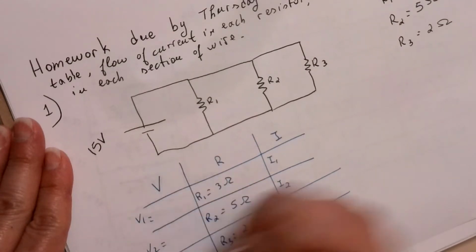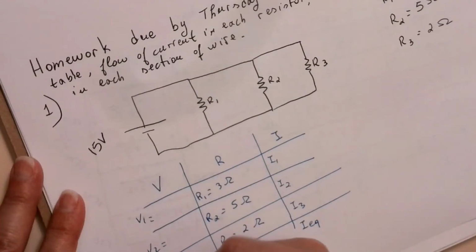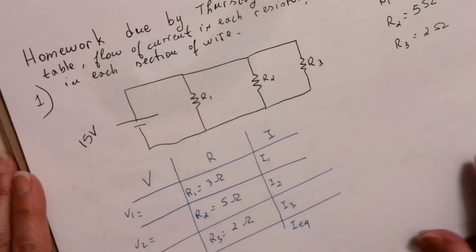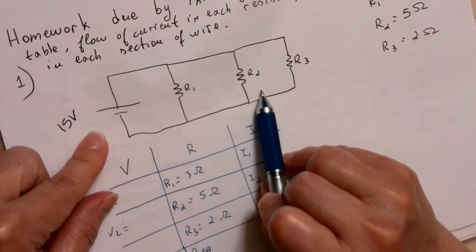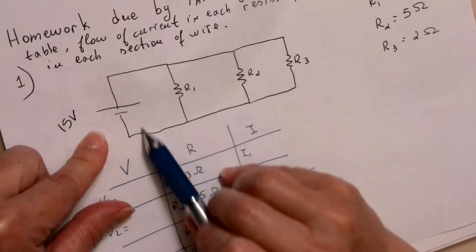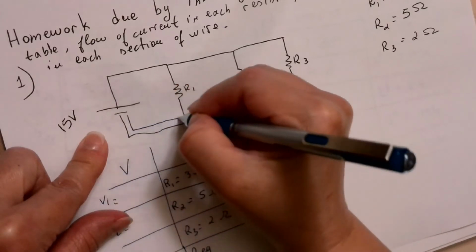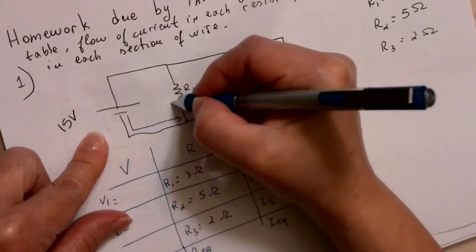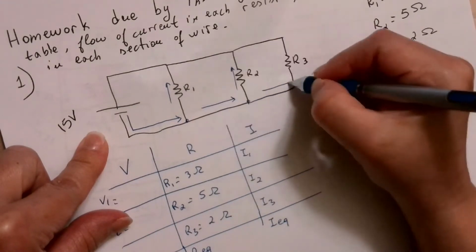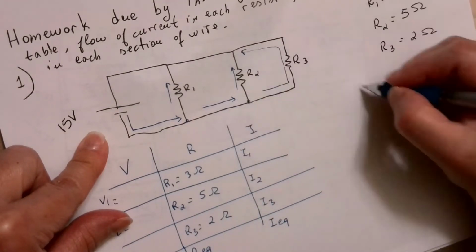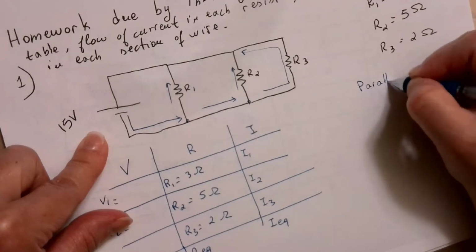Let's see how we can apply this. V equivalent is 15 volts. First you got to say, is this parallel or series? The current comes here and starts branching. Some goes here, some goes here. So this is a parallel circuit.